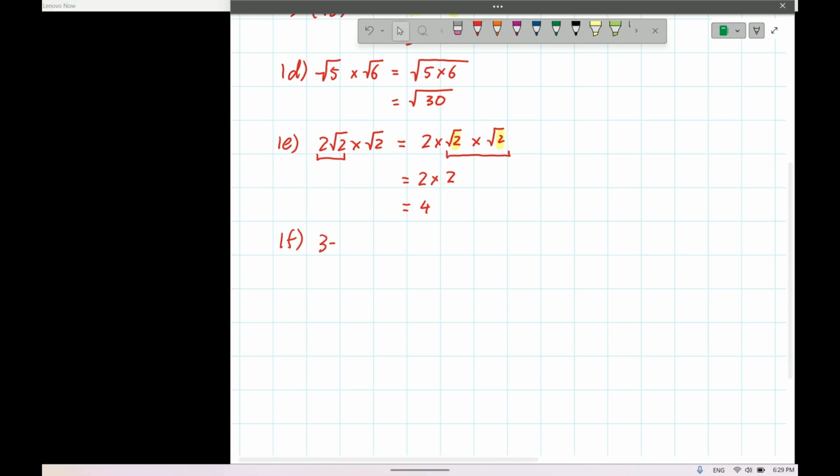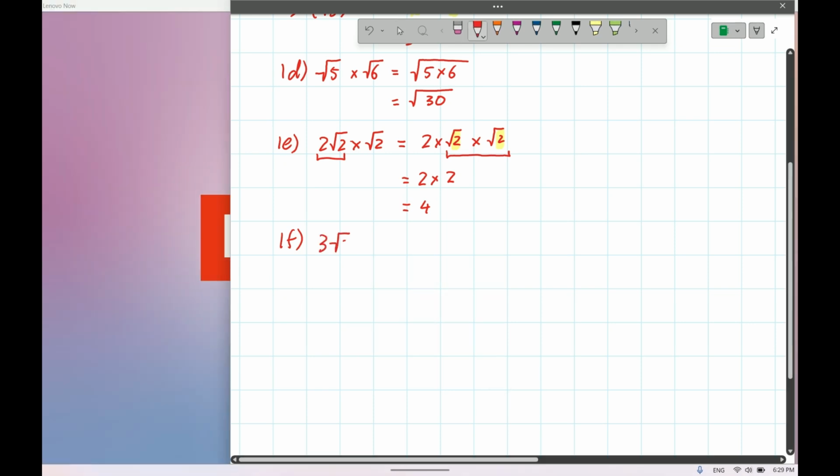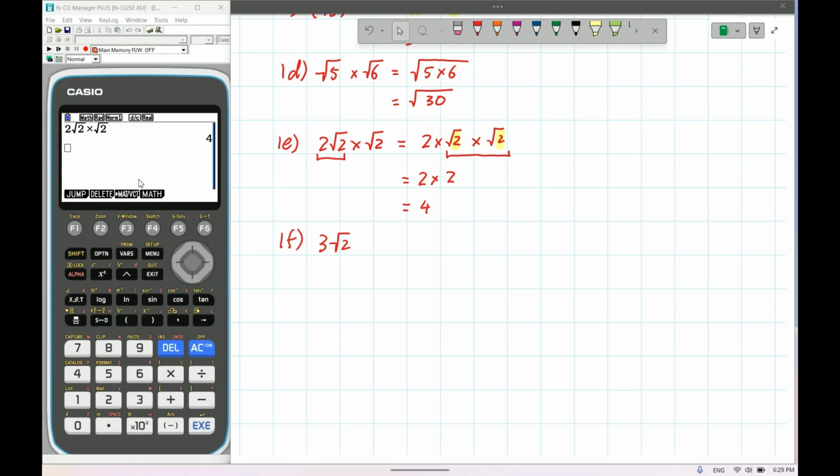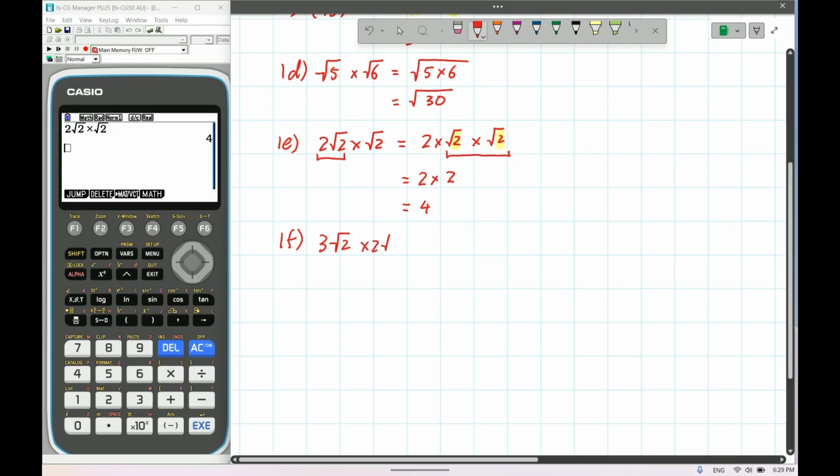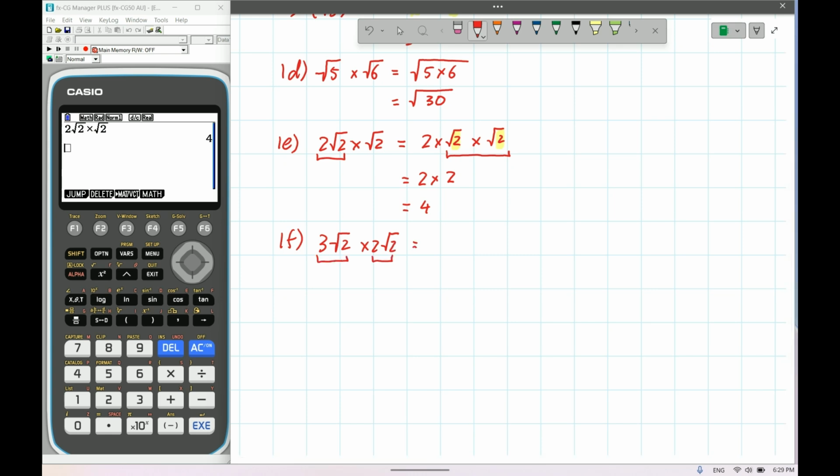Next, we've got 3 root 2 times 2 root 2. Once again, I'm going to break up each of these two components, similar to how I did in 1e. So I'm going to have 3 times root 2 times 2 times root 2.